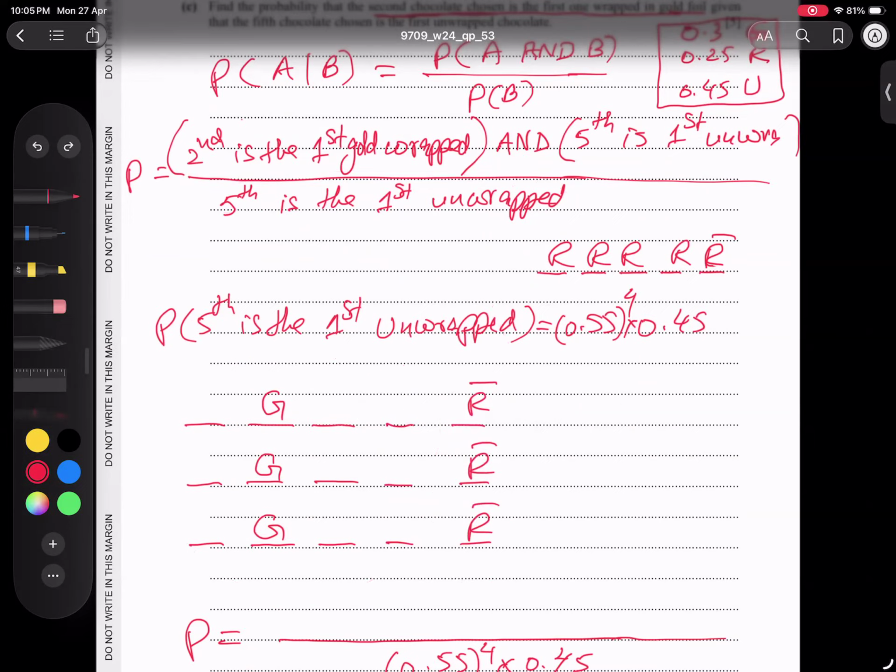I think gradually people are understanding. The fifth one is confirmed, no question about it. And the second is also confirmed. He said that the second one is a gold wrap. I wrote gold wrap, but it will come the first time. It means these are wrapped but not gold. Wrapped and wrapped, and these are confirmed.